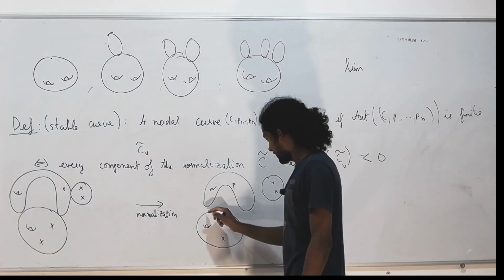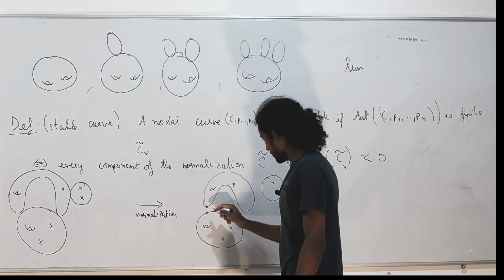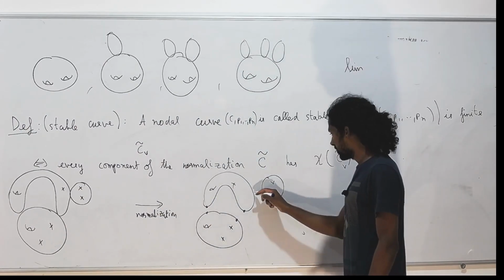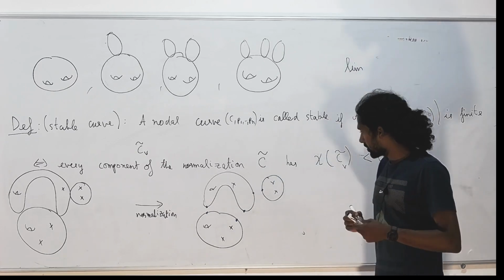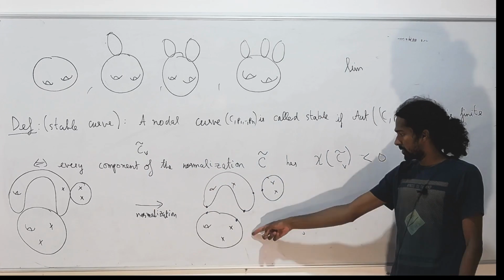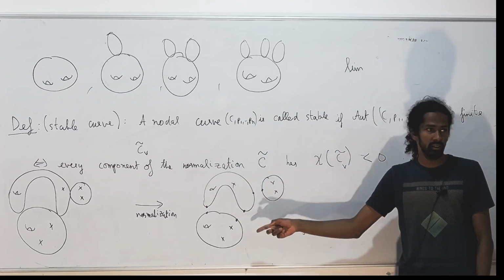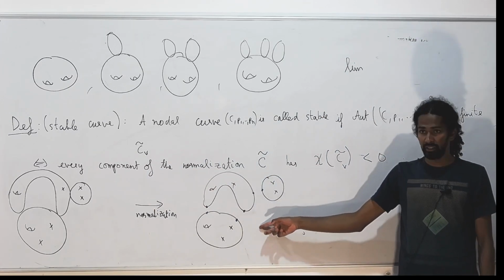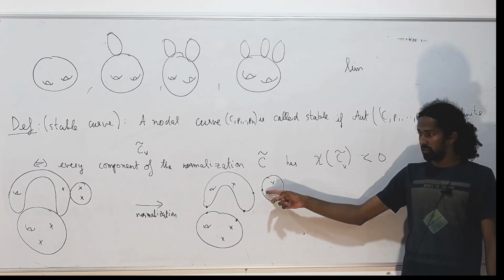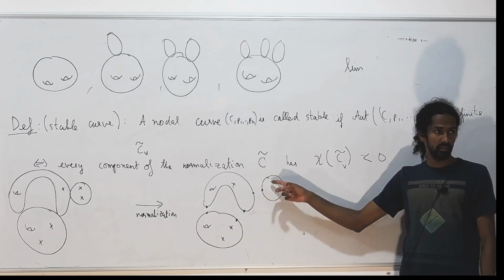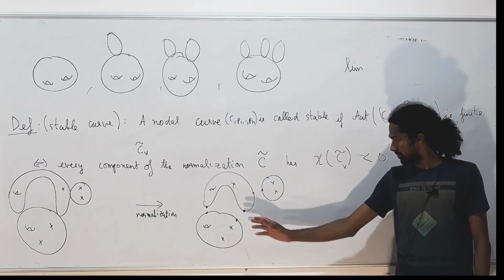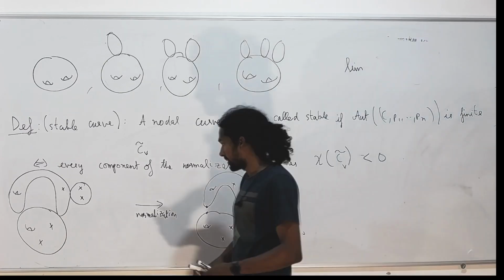There were these nodes here. Now you see that this is stable because all of the components have negative Euler characteristic. You have to also count these blue dots as well. This is a genus 0 component with 3 points, this is genus 1 with many points, and this is genus 1 with more than enough points. So this curve is stable.